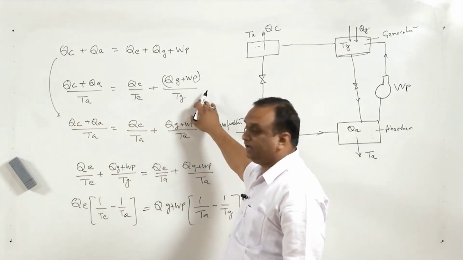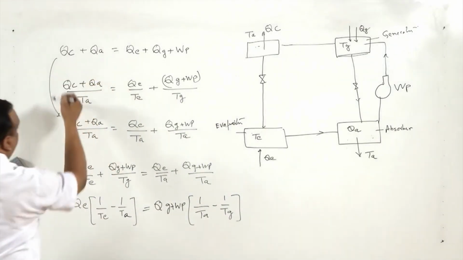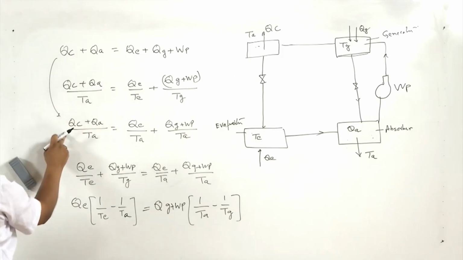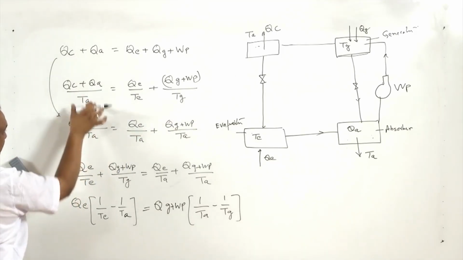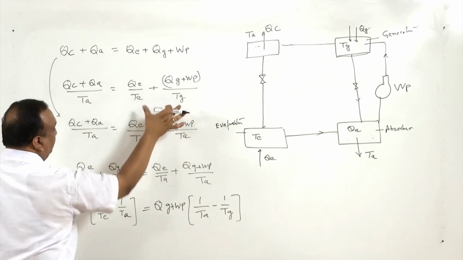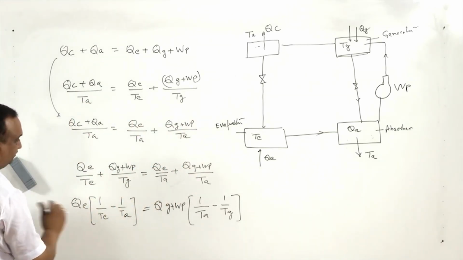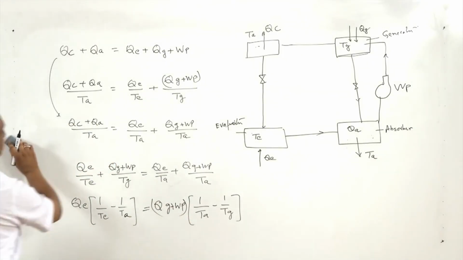Now, this equation of heat conservation is again divided by TA. Now, we have these two equations, and you can see this is equal to this, they are the same. So, this equivalence we have taken here, and we have rearranged the terms.